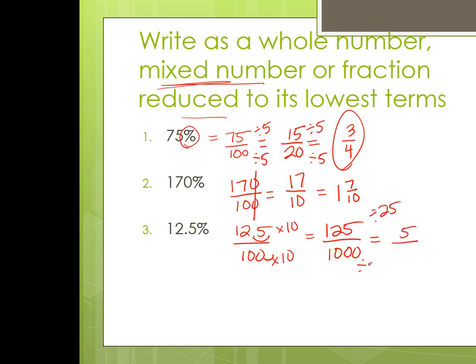And this one by 25, you get 40. Oh, I'm sorry, this was 40, not 400. I was going to say that's too big. And keep going. If you divide those both by 5, you get 1 over 8. So it's 1/8. Sorry about that.